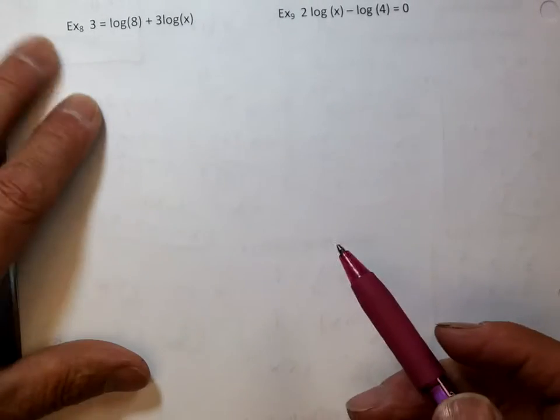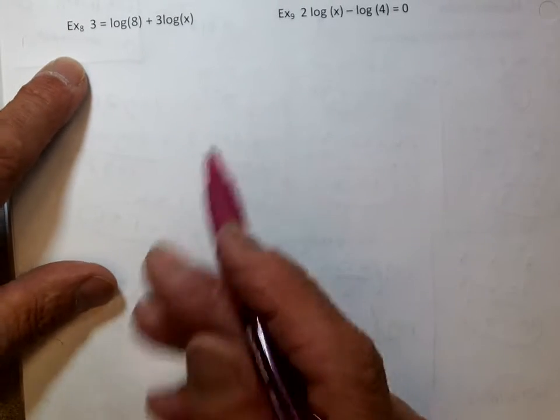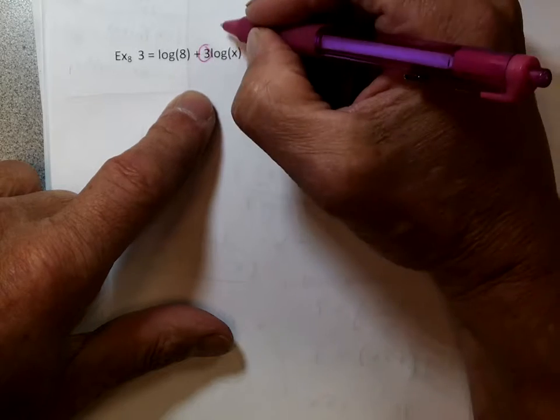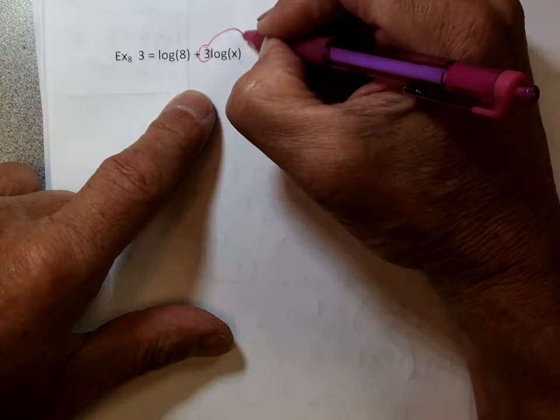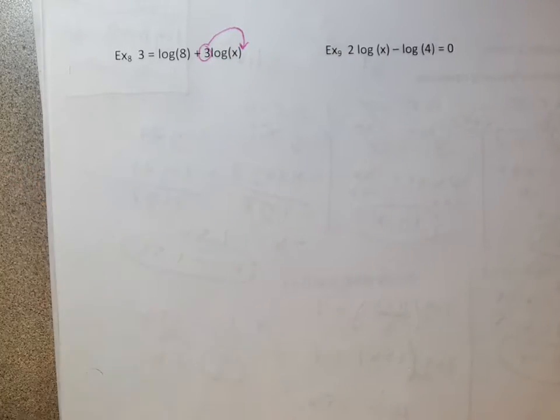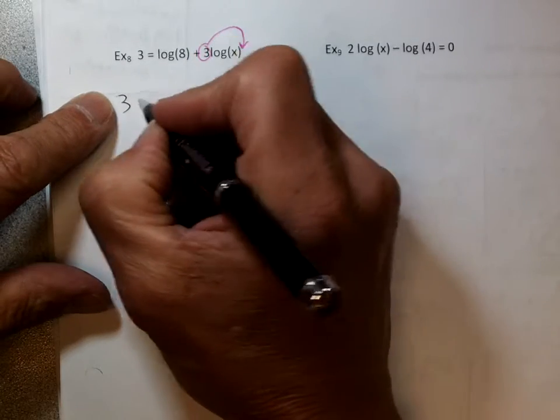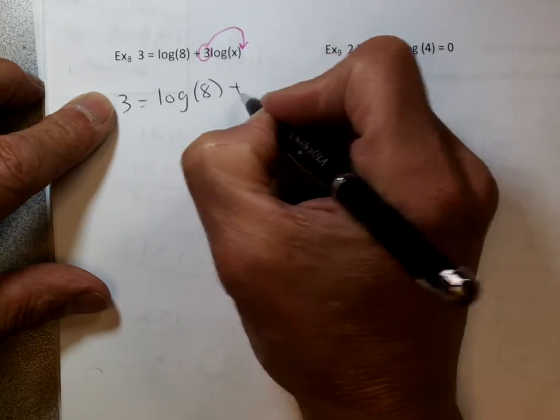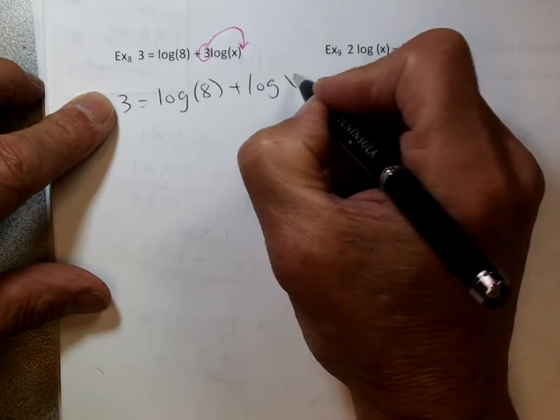So, let's do the same thing. Before we do anything, we're solving for x, right? I'm going to bring this 3 back up and in. It was an exponent, so I'm going to float it back in and make it an exponent again, because I'm solving for x. So I'm going to rewrite this as 3 equals log of 8 plus log of x cubed.